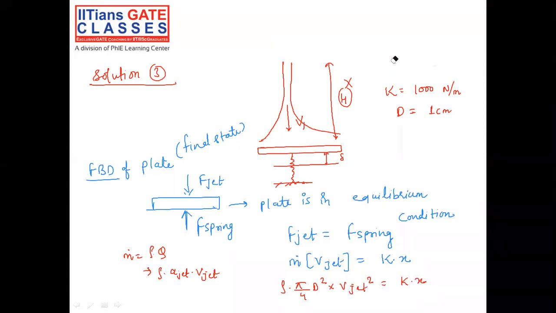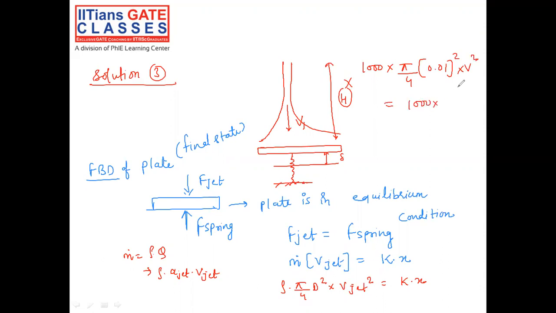Substituting into the formula, rho is 1000, pi by 4, 0.01 meter square, into velocity of jet square is equal to k, which is 1000. Spring deflection is 1 centimeter, that is 0.01.